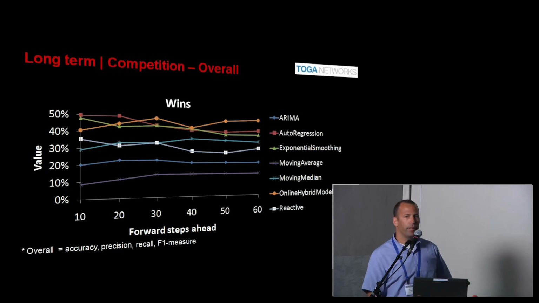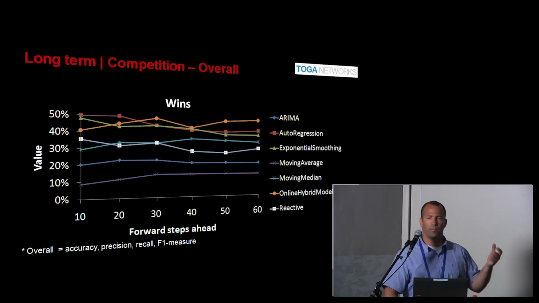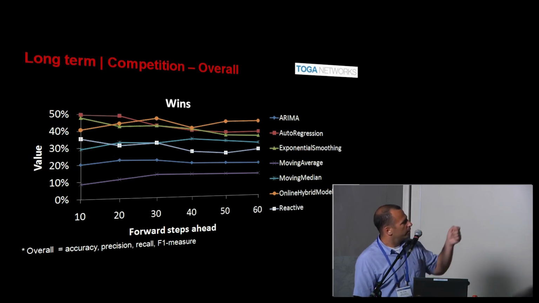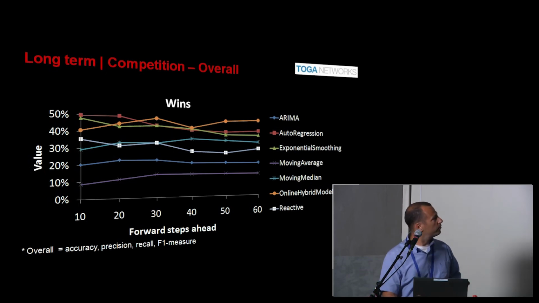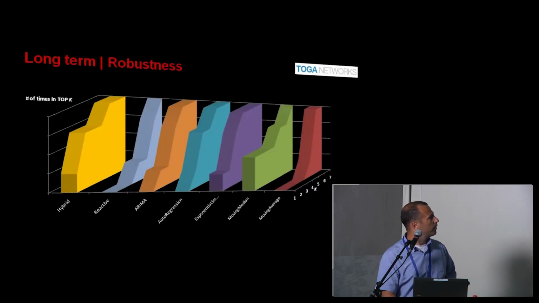But when we compare the classification results, we see that the more forward steps ahead you take, the longer the prediction term, the more the hybrid model outperforms the rest of the models. And again, the robustness is decreasing a little bit, but compared with the rest of the models, it maintains itself as the best robustness. So this is what we are after in the model that we want to establish.